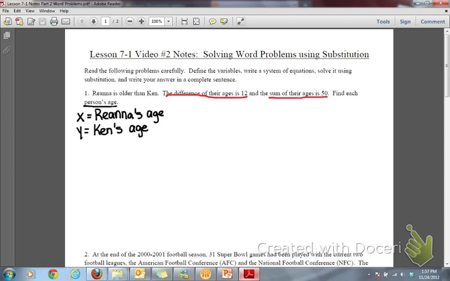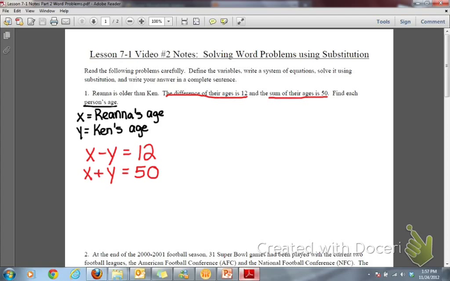So Rihanna is X, and that means she's the bigger number. So X minus Y, Rihanna's age minus Ken's age, has to equal 12. That's the first equation. And then the sum of their ages is 50. Well, that's just X plus Y equals 50, because sum means add.